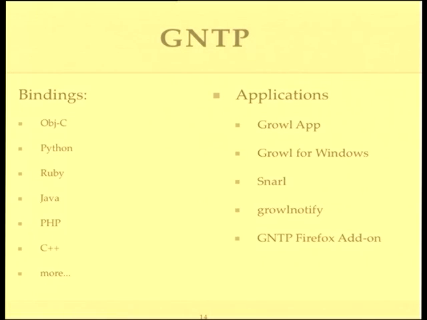So if you have this add-on installed, then any web application, any website can send a Growl notification, if it's open, of course. And there are also a lot of bindings for a lot of languages. I think there's even a Visual Basic binding for some reason, but it's really easy to do. It's HTTP style protocol.